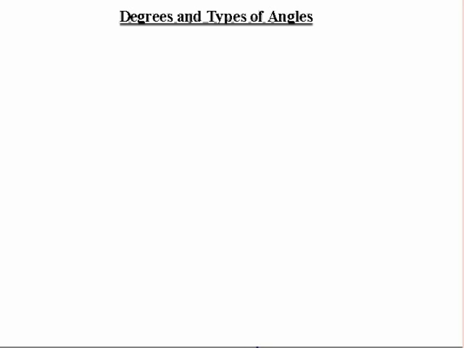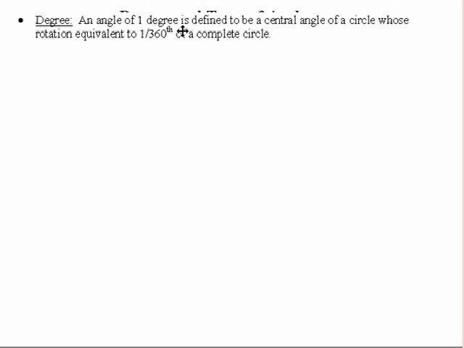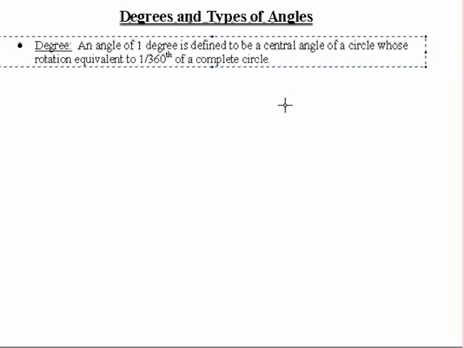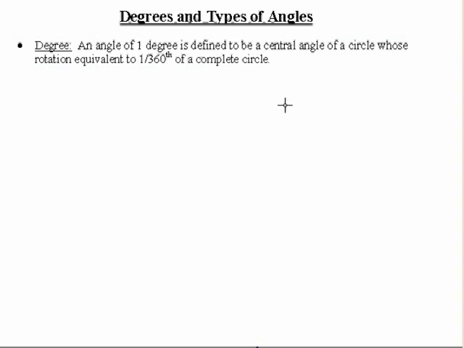Well, just in case the answer to that is no, here we have the definition of a degree. You can see that it's defined as being a central angle of a circle, which means nothing more than the vertex of the angle is at the center of the circle, and it's an angle that has a rotation that's equivalent to 1/360th of a circle. And let me show you a picture of that.